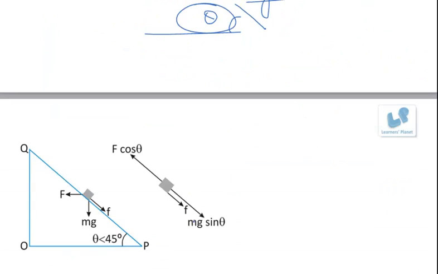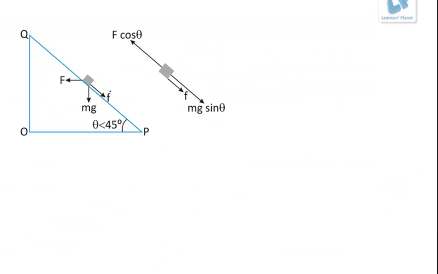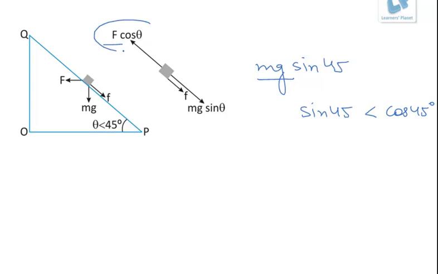Okay, now let us look at the first case. Let us say the angle is less than 45 degree. Okay, so if the angle is less than 45 degree, that means sin theta is less than cos theta. Now mg and F both are the same, both are 1 Newton. So sin 45 is equal to cos 45, and F cos theta is more in magnitude in comparison to mg sin theta.